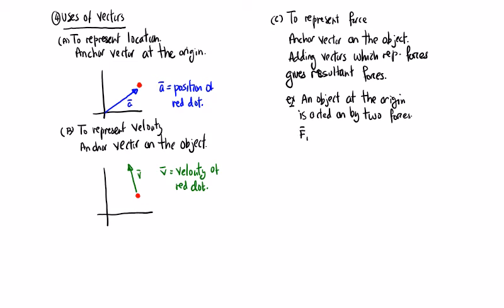One could be, say, F1. I'm going to make these vectors, capital letters just so they don't look like functions. F1 could be 7i plus 1j, and F2 could be, say, negative 3i plus 2j. And we could ask, what is the resultant force?